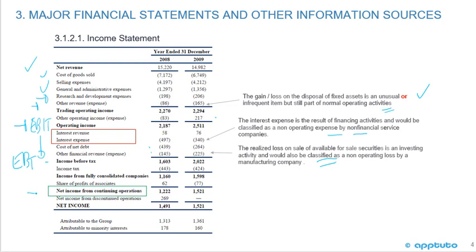So we have our net income from continuing operations, okay? Now below that is important to note that there's net income from discontinued operations. If it's discontinued operations, then that's going to be net of tax, okay? That's where it fits in. Income from discontinued operations falls below the income from continued operations, and it's reported net of tax.